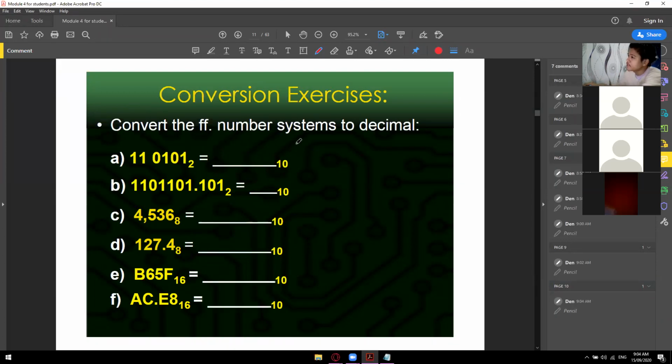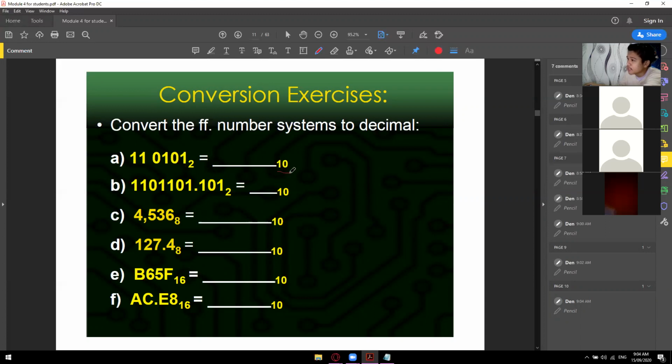So convert the following number systems to decimal. So we have 110101. Okay, and then 110101.101, and so on and so forth. Okay, all of those will be converted to decimal. So ang papansin niyo, meron na tayong base kagad dito.